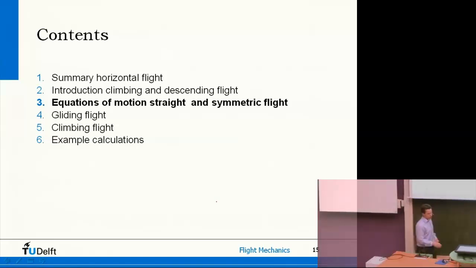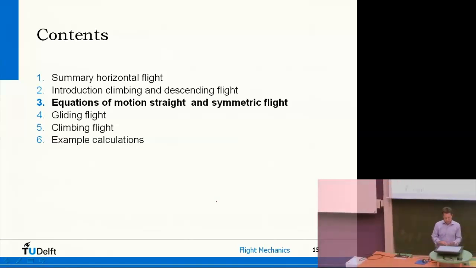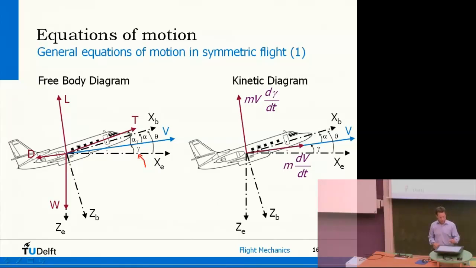So just to refresh your memory: flight path angle, angle of the airspeed with the horizon; angle of attack, which is the angle between the aircraft and the oncoming flow; lift, by definition perpendicular to airspeed; drag, by definition parallel to the airspeed; weight is pointing down; and the thrust vector is somehow connected to the plane.